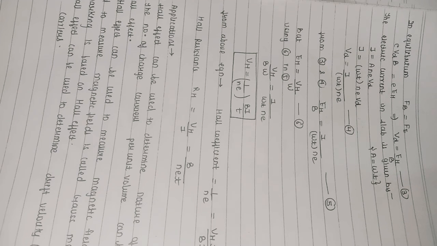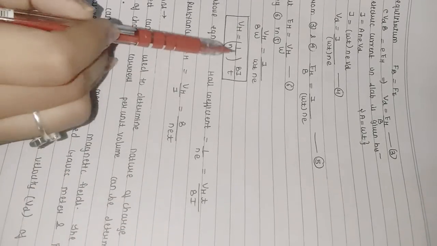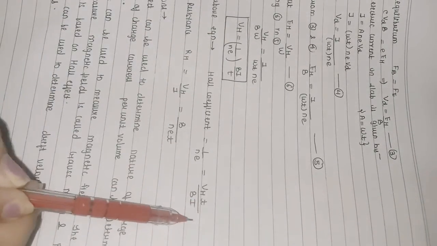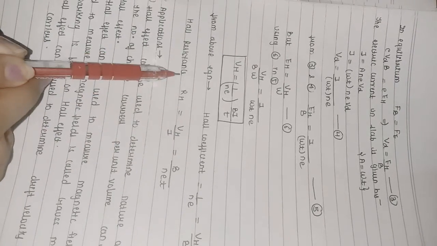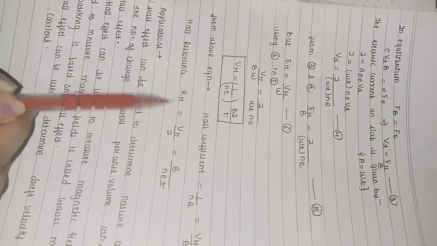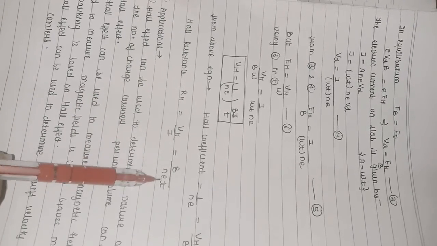From here we can find the Hall voltage, which equals 1 upon n e times B I upon T. From the above equation, the Hall coefficient, which is 1 upon n e, will equal VH T upon B I. The Hall resistance RH equals VH upon I, which can be written as B upon n e T.